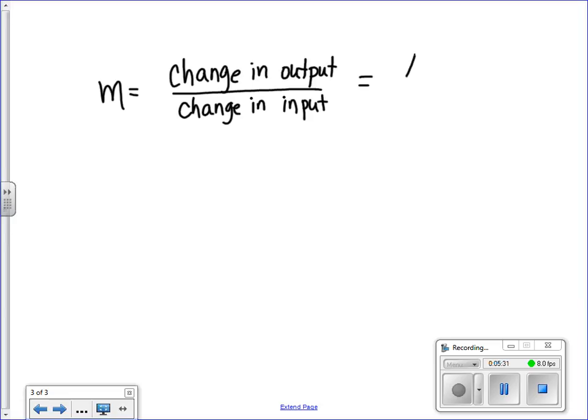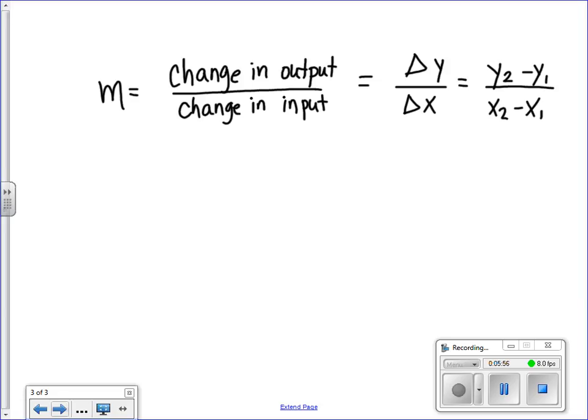A fancy way of saying that is delta y over delta x, but what you're used to seeing is y2 minus y1 over x2 minus x1. Delta means change. So anytime you see a delta in math, you're finding a difference. That's a delta x, delta y, delta whatever, that means you're just finding a difference.